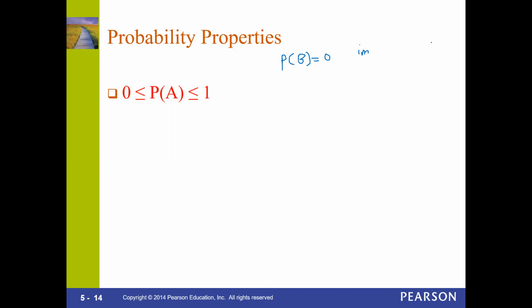The probability that the event will be impossible, you can say impossible like this.